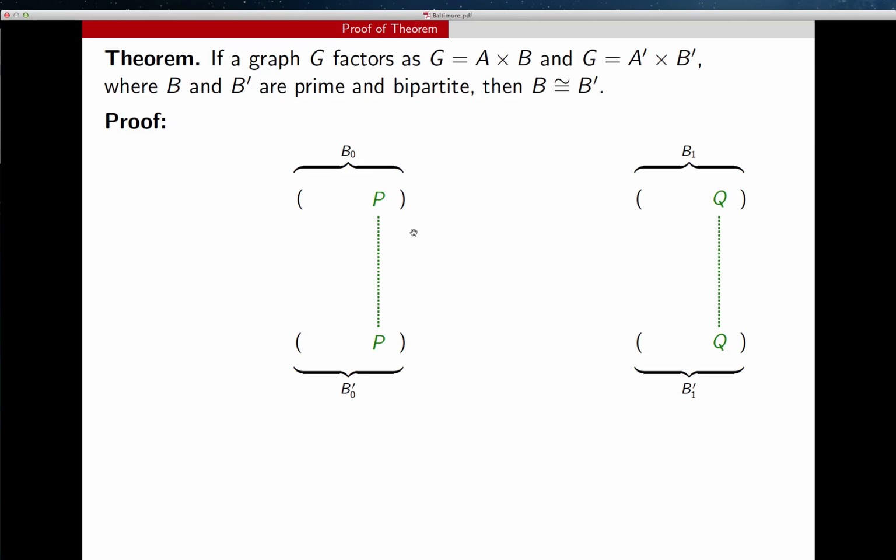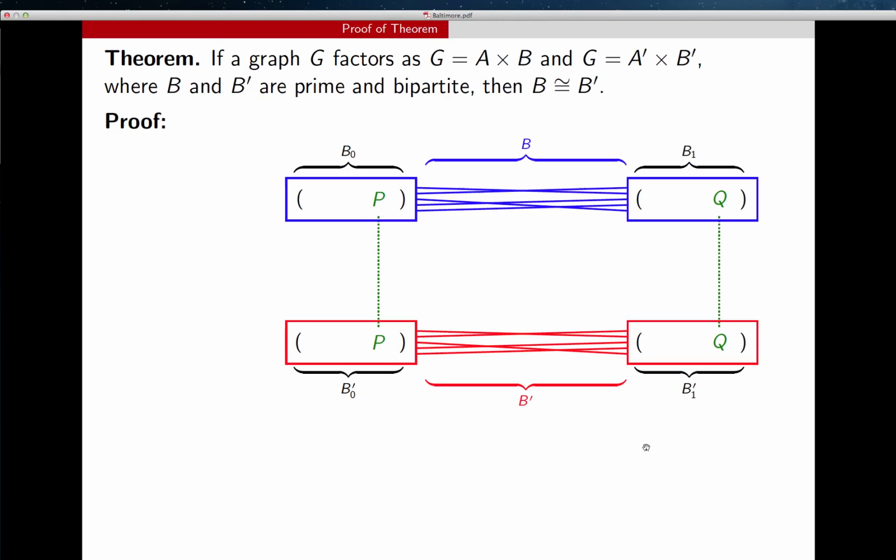And notice now we have an identity map from B0 to B0 prime and from B1 to B1 prime. An identity map from the labeling of B up here to the labeling of B prime down here. And it turns out that that's exactly the isomorphism that we're looking for.